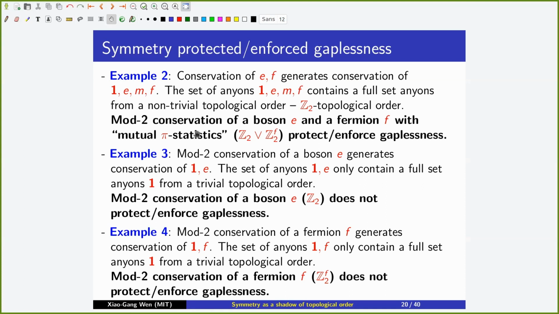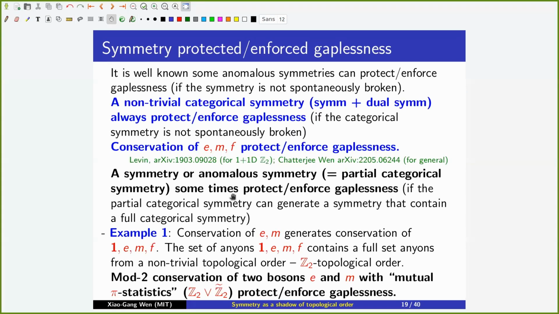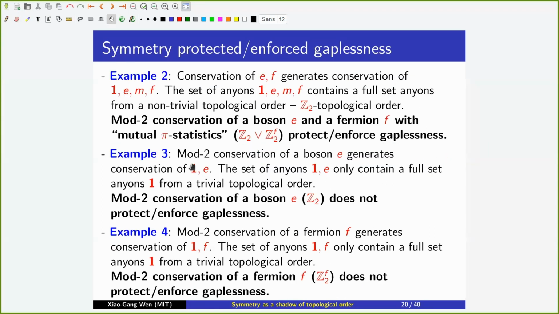So from here, you can see that if you only consider a Z2 conservation for E, and there's no anomaly, so that's just a Z2 symmetry, it does not protect gaplessness.